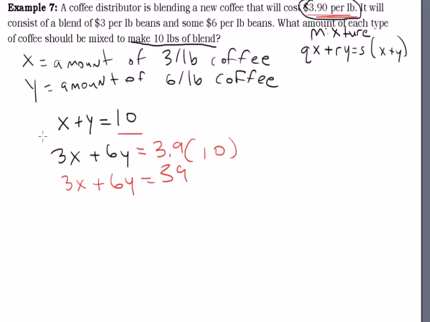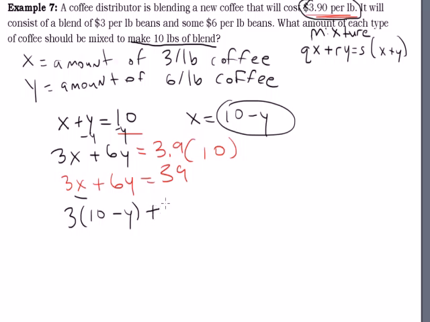Alright, looking at this, looks like a good problem for substitution. I'm going to solve the first equation for x by subtracting the y from both sides. So I'll get x equals 10 minus y. Plugging that into the second equation, I'll get 3 times 10 minus y plus 6y equals 39.